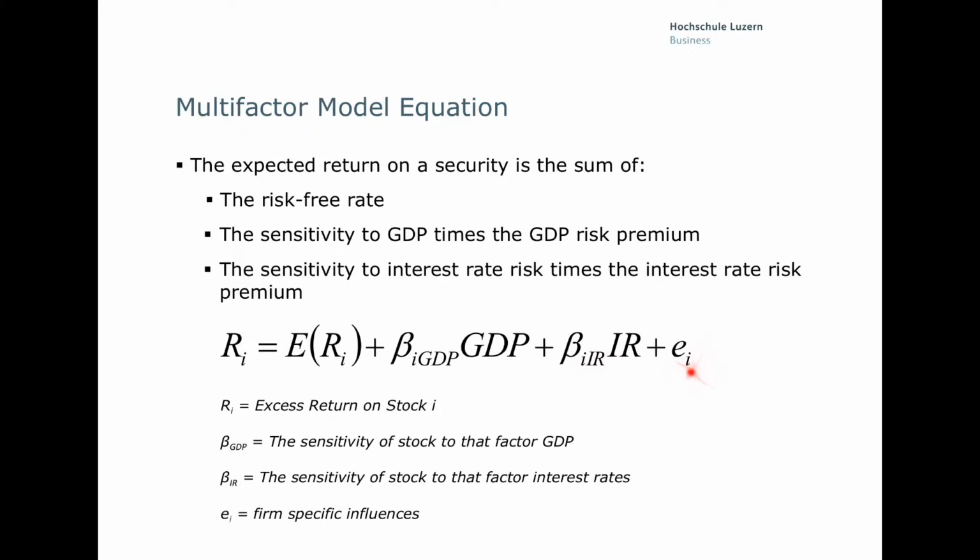The two macro factors, GDP and interest rates, comprise the systematic factors in the economy. As in the single factor model, both of these macro factors have zero expectations. The coefficient of each factor in the formula measures the sensitivity of share returns to that factor. For this reason, the coefficients are sometimes called factor loadings or, equivalently, factor betas.